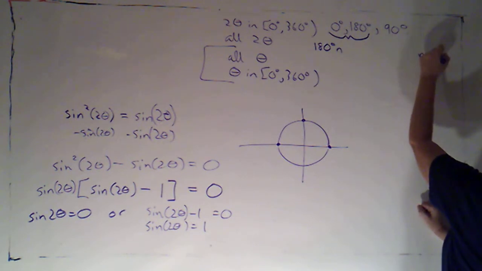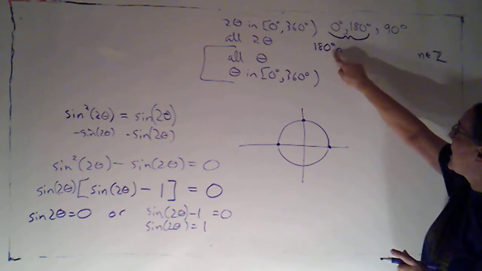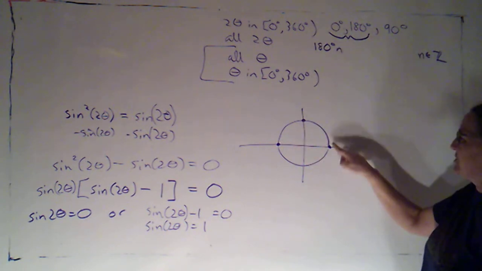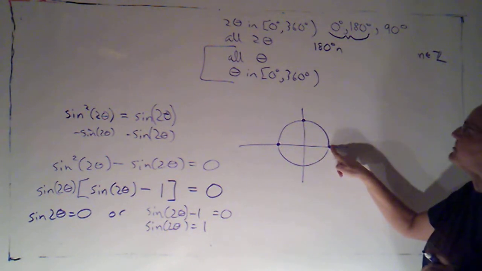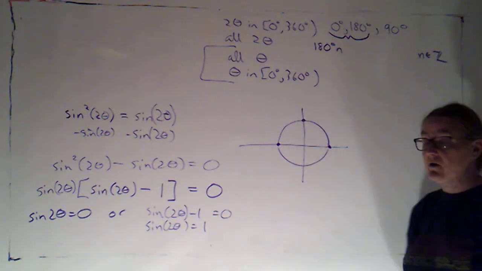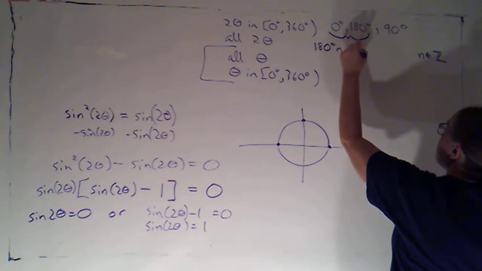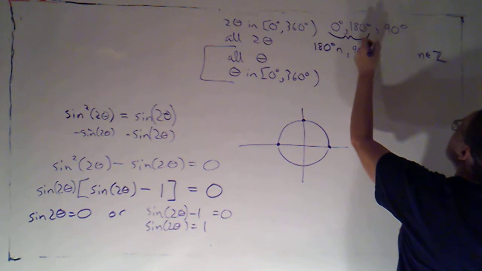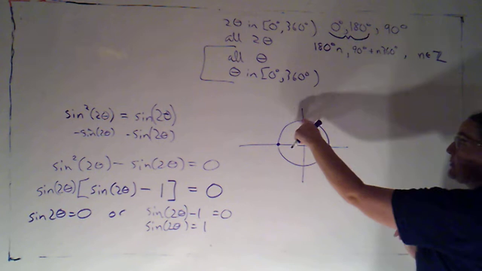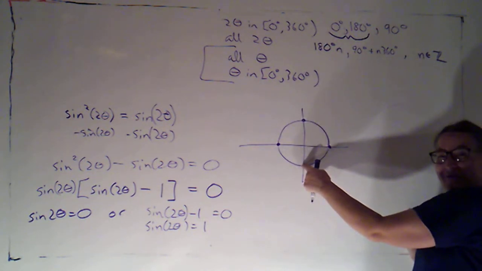N's going to, of course, be an integer. 180 times 0 would give me 0 degrees. 180 times 1 would give me 180 degrees. 180 times 2 would give me 360 degrees. And of course, n can be a negative number as well, so I'm also getting negative angles that would land at one of these points. And then for the 90 degrees, it would just be 90 plus n copies of 360 degrees. I would have to add a full revolution to that, because if I add just 180 degrees, that brings me down here where sine is not 1.